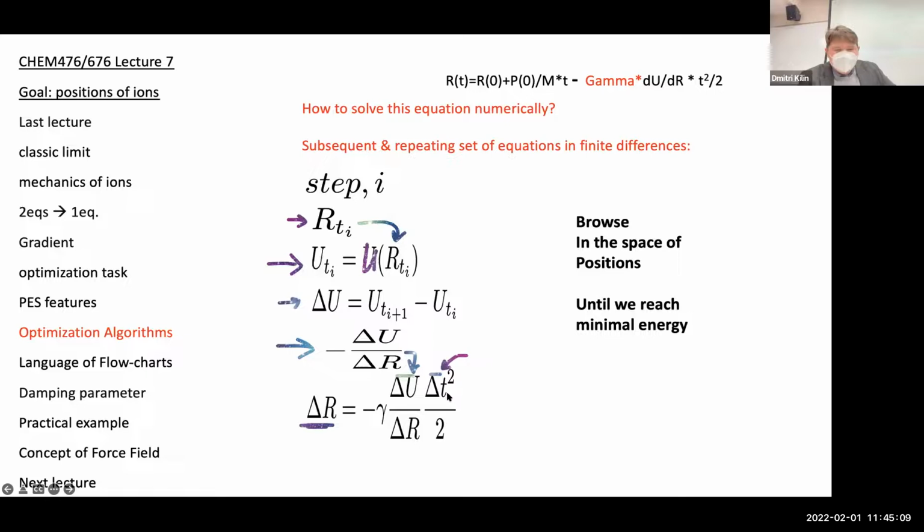So if we use these little equations in an algorithmic way, one after another, and then feed it back in a rotating cycle, we expect that this will bring us to the minimum, if the minimum of the function exists.